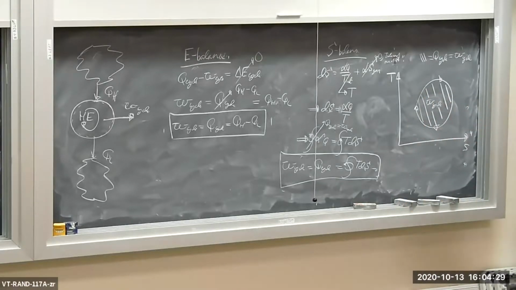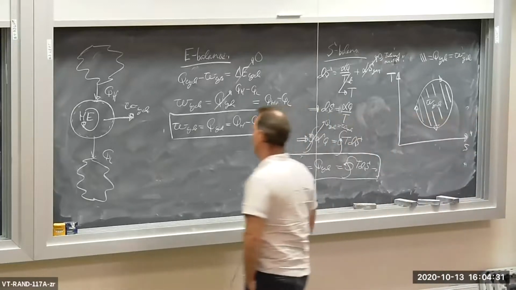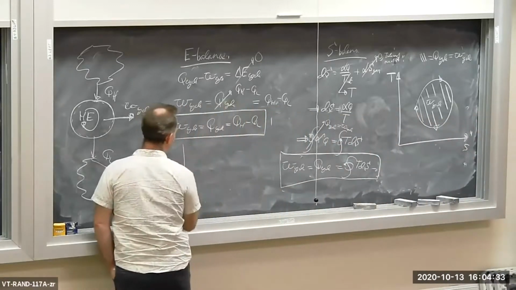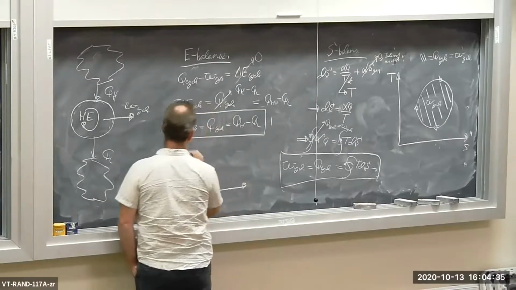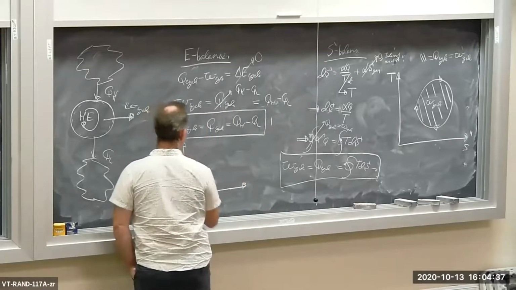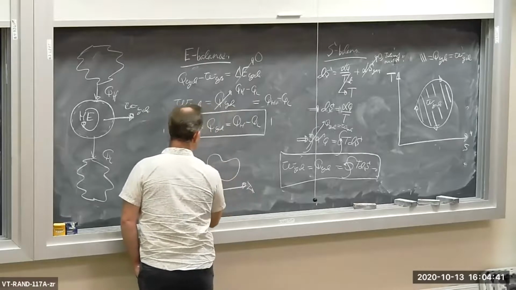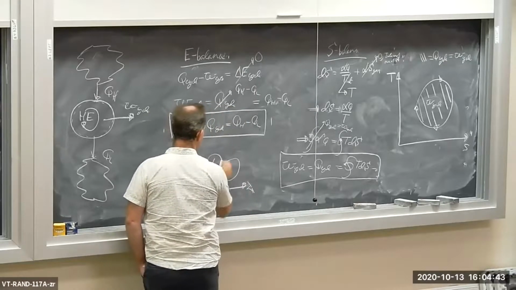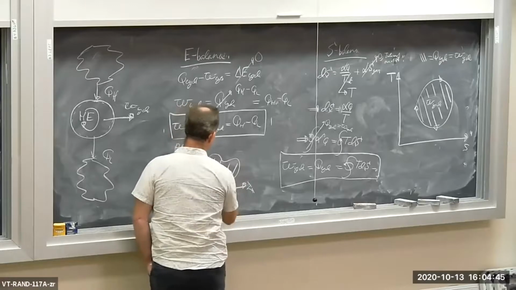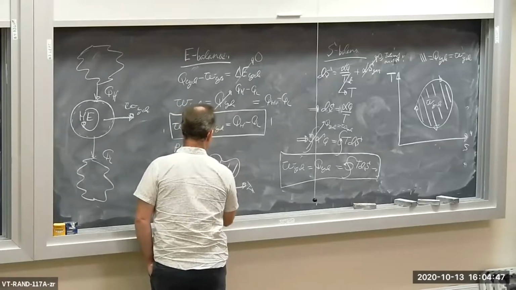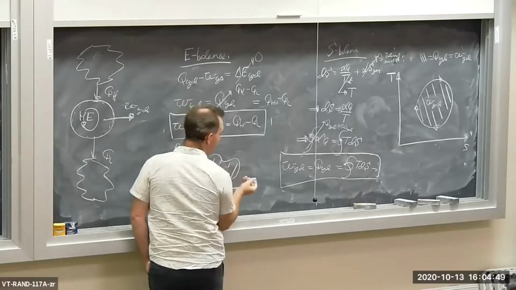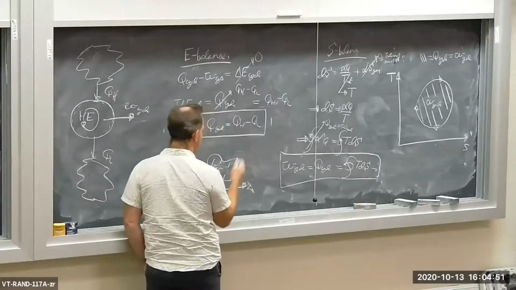That's nice because remember, the area bound by the PV curve was the boundary work, or the cycle work, because the work is boundary work.